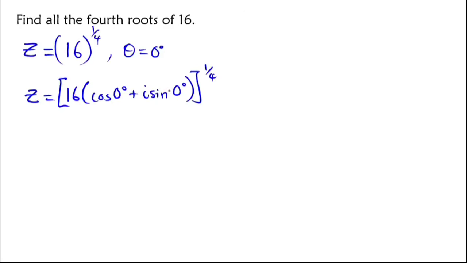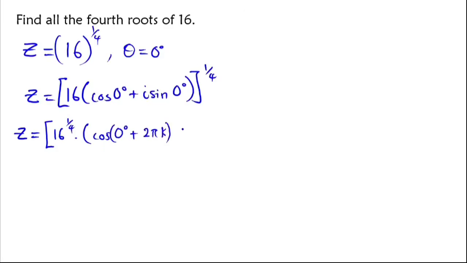Alright, so now we have this expression. I can write the generalized version of this, which will be written as z equals open bracket 16 raised to the power 1 over 4 times cos, so that's 0 that we have. We simply add a complete revolution to it, which is 360, but in this case allow me to use 2 pi.